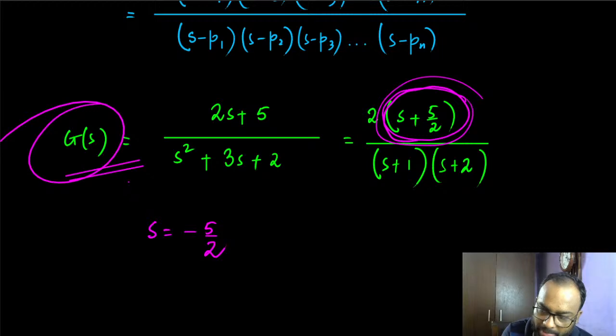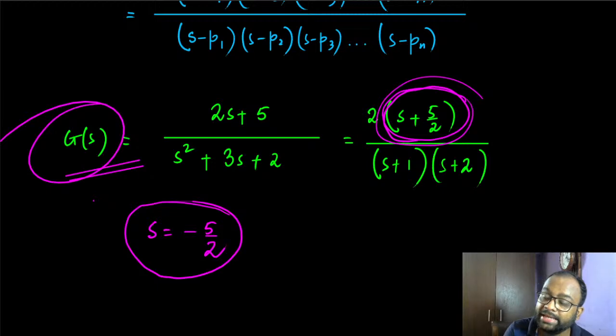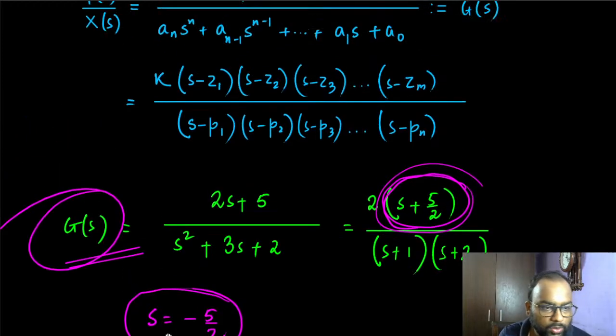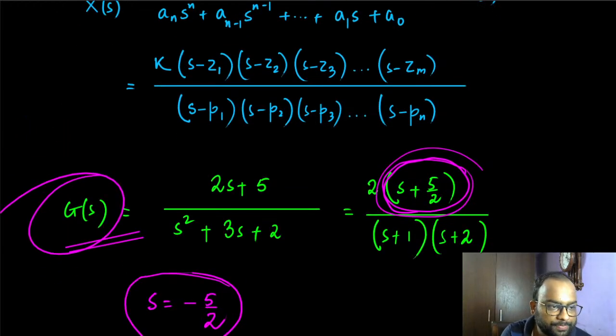So we say that s equal to minus 5 by 2 is a zero of the transfer function, because putting this value in place of s in the transfer function gives you a 0.